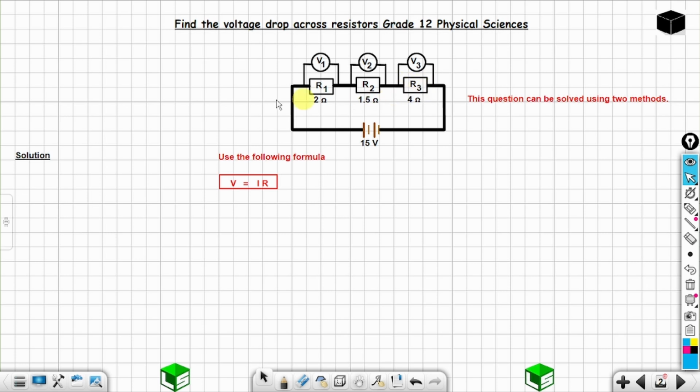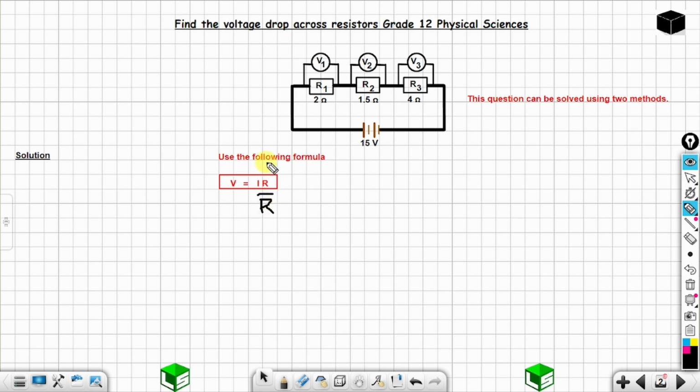So you need to find the current that is flowing into this series connection. You are going to use this formula. Let's get the current. To get the current, you have to divide by resistance, so that you can cancel.